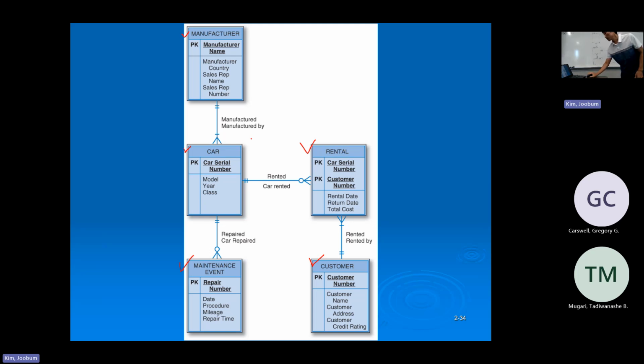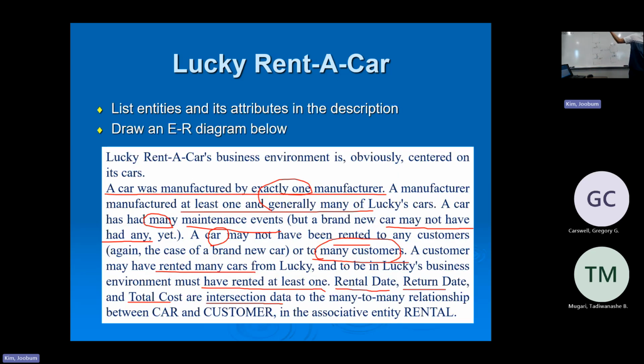And also we are able to add some description. Manufactured or is manufactured by manufacturer. Repaired or is repaired by that event. And then rent or is rented, like this. So it's a very simple example, but when you have those kinds of descriptions, you can draw those kinds of ER diagrams.